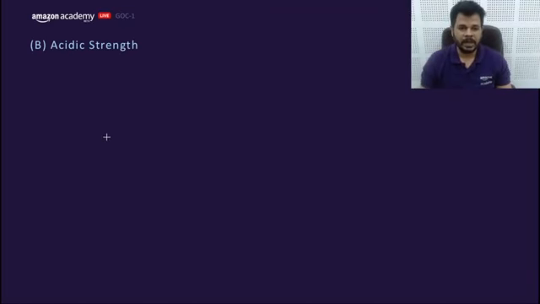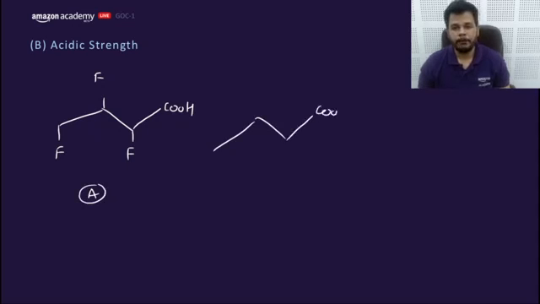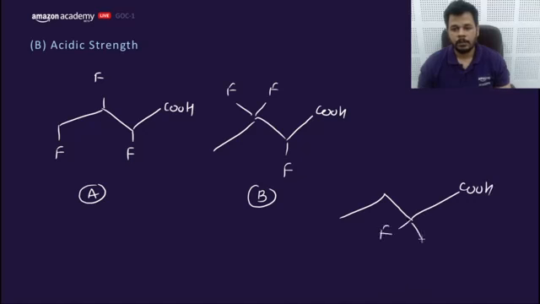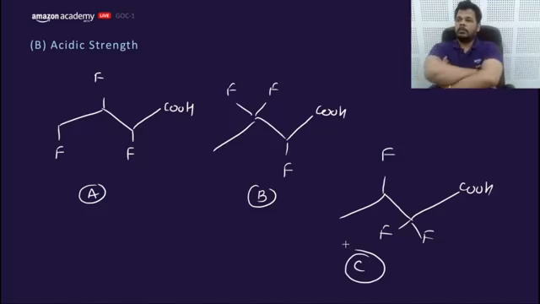Let's have one more example to understand things in a better way. Write the correct order of acidic strength here. This is A. Write in the chat box with your name. This is B. And this is C. What would be the correct order of acidic strength?